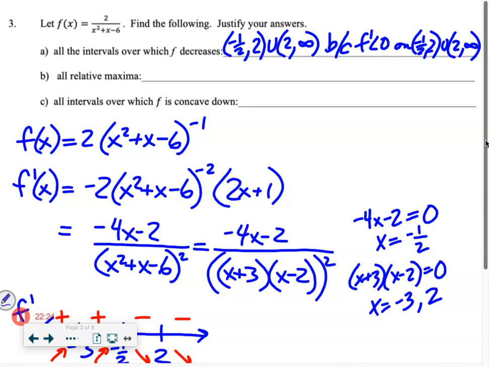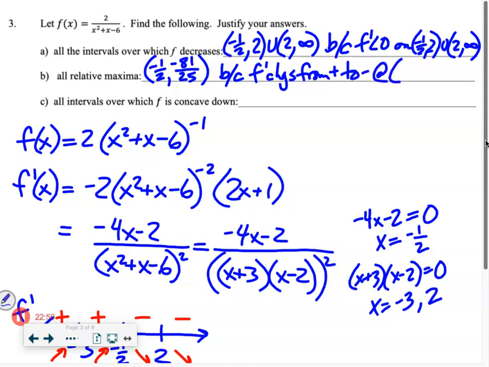So you had to actually find the y value. So you have -1/2 comma, and I think it's -81/25. Okay, so you have to plug -1/2 in and you have some fun with fractions. Because f prime changes from positive to negative at this point.